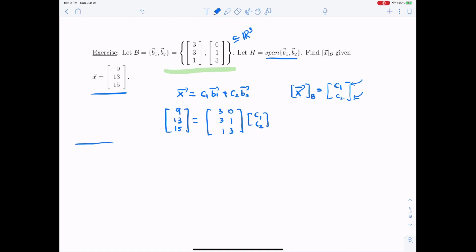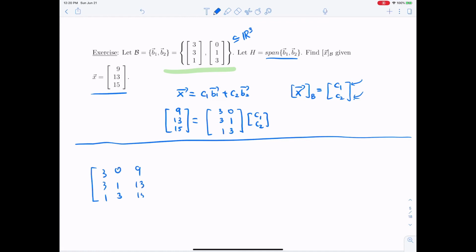So because we have a 3 by 2 matrix, to solve this matrix equation, we have to RREF the augmented matrix associated to this matrix equation. So the augmented matrix is given by 3, 3, 1, 0, 1, 3, 9, 13, and 15.